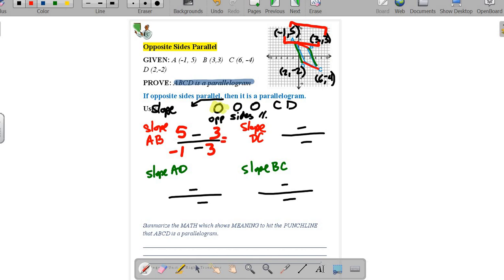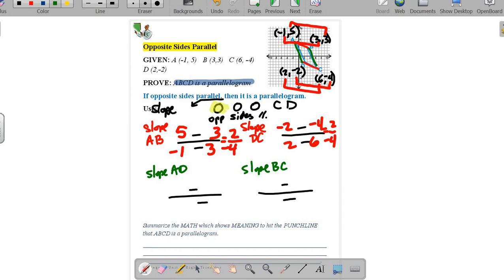This is going to be 2 over negative 4. DC, y minus y, that's going to be negative 2 minus negative 4, x minus x, 2 minus 6. And that's going to be positive 2 over negative 4. So you just mathematically prove that the opposite sides are parallel.